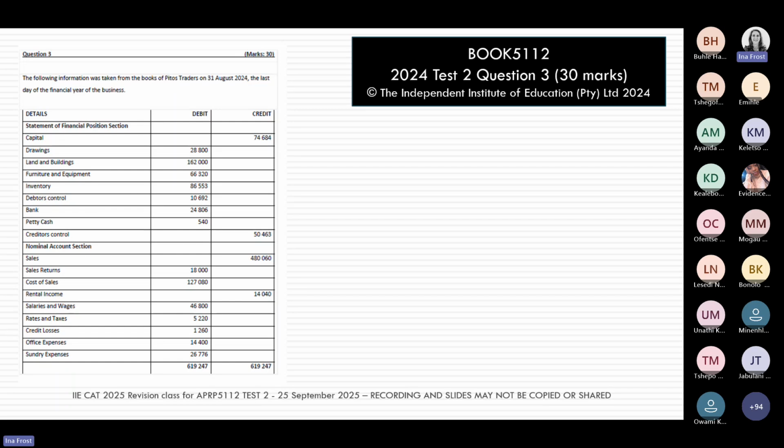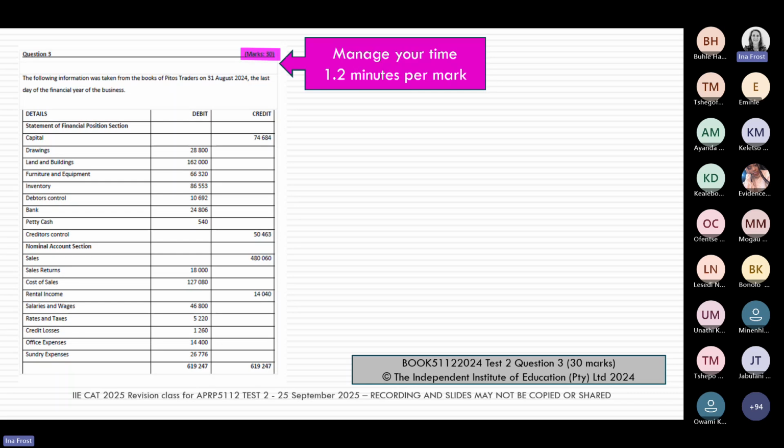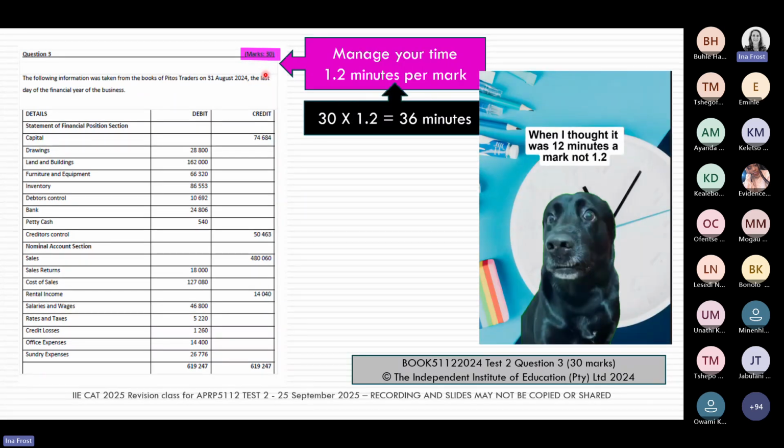Together with the trial balance, just to give us our tips and tricks again, remember you're going to check the marks allocated to the question. For example, this question carried 30 marks. So how long am I allowed to spend on this question? I am allowed to spend a maximum of 36 minutes.